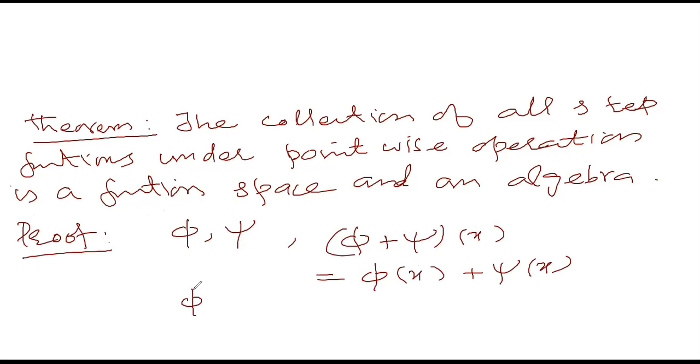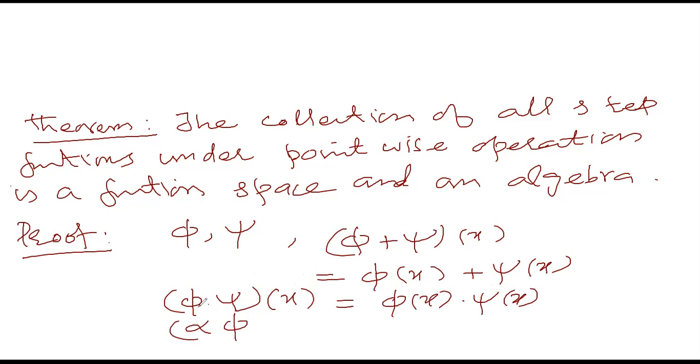And the product phi psi of x is equal to phi x times psi x. It's a component-wise product, not a composition, because we cannot define composition here. With respect to these two operations, it forms a ring. And we have scalar multiplication, alpha phi of x equal to alpha times phi of x.